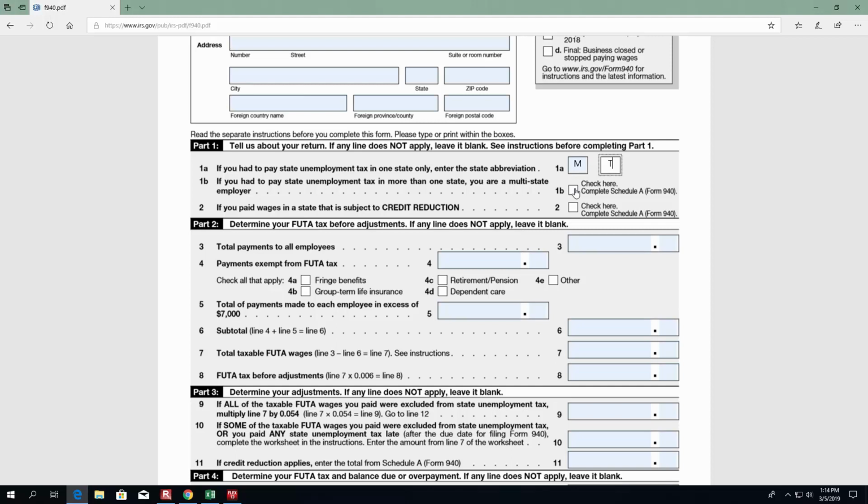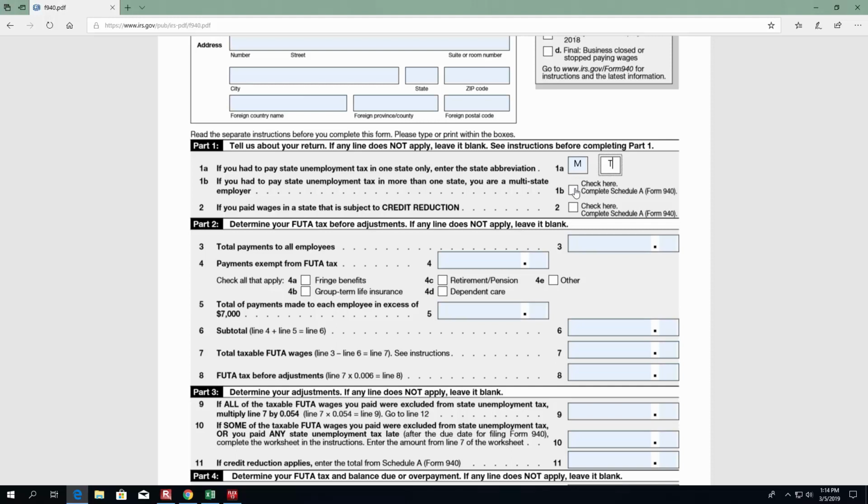Whoever processes their payroll has a complicated job across lots of states. They would have to check box 1B and do this big long Schedule A.